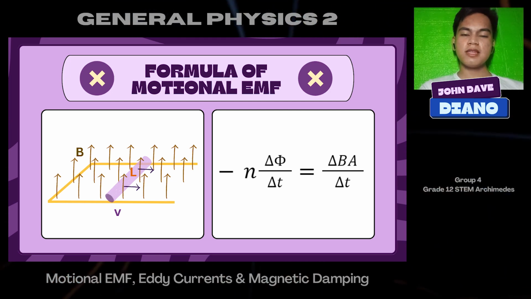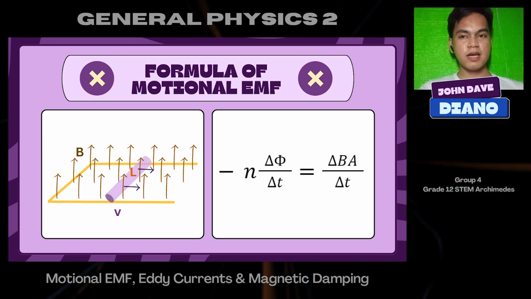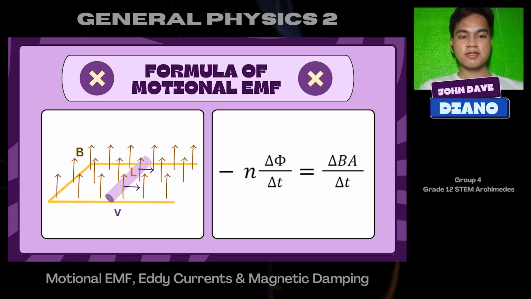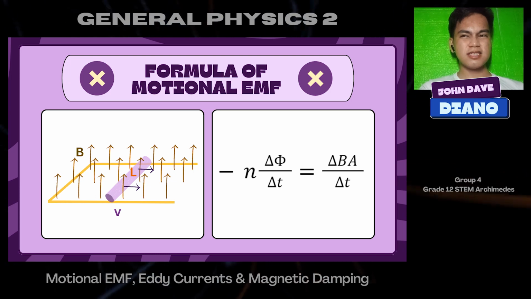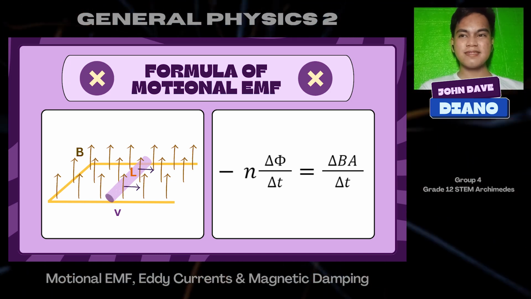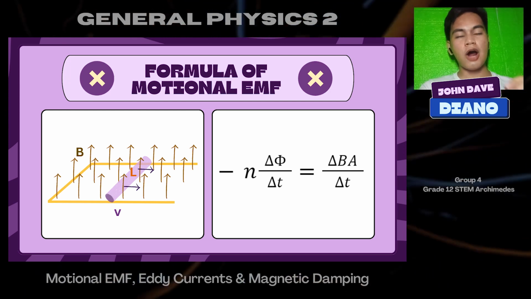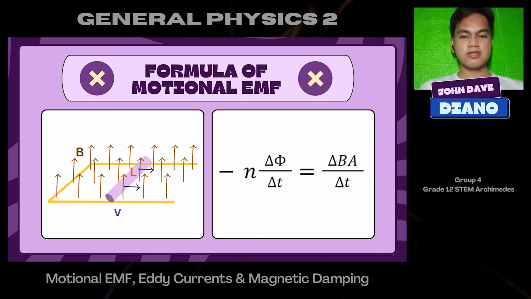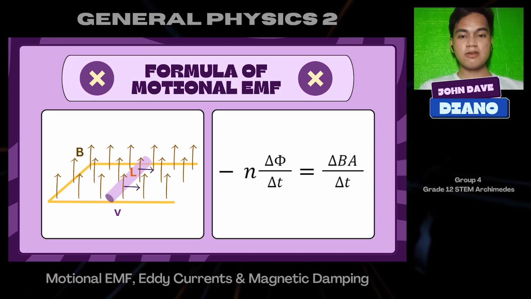But remember that in motional EMF, our magnetic field is constant since our magnetic field is stationary. And since we are talking about an object in motion in a stationary magnetic field, specifically a rod moving in a stationary magnetic field, we will incorporate distance later on, which means that there is a change in area.